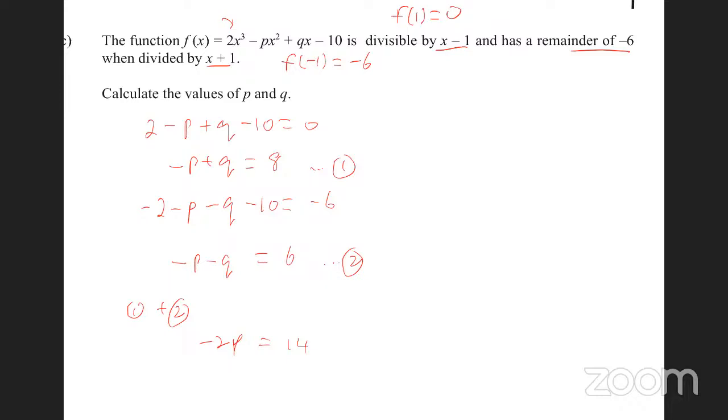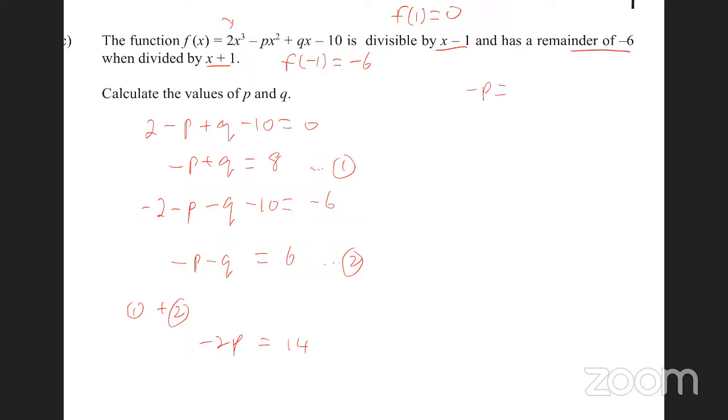And it's minus 6 on the right side. Minus 2 minus 10 is minus 12. When you move minus 12 across, you'll get plus 12, right? 12 minus 6 is 6. Last time I checked.